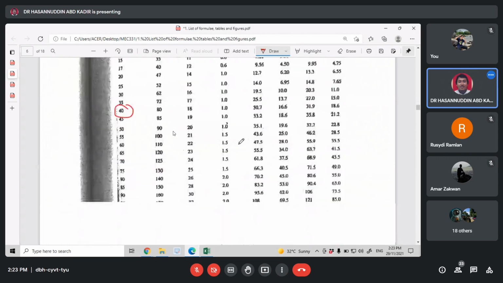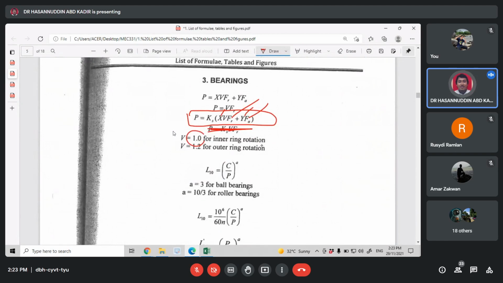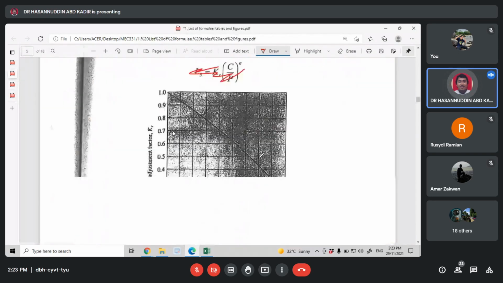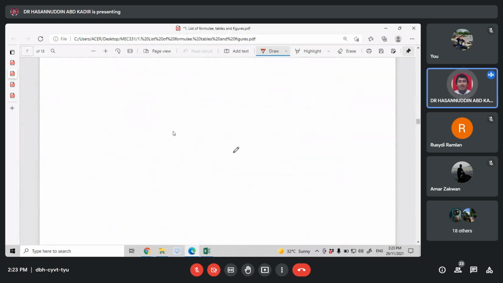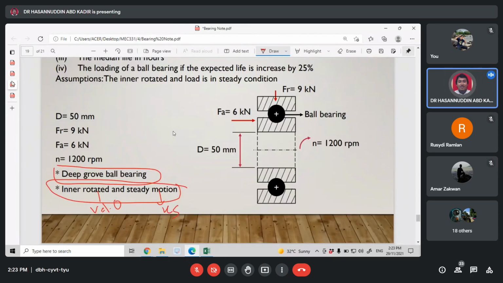For V, inner rotate, we get the value of 1.0. Then for steady motion, we go to the list of formulas in table 3.5, and we get the value for steady motion, which is equal to 1.